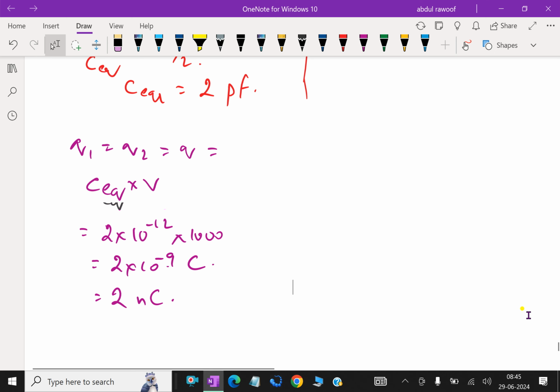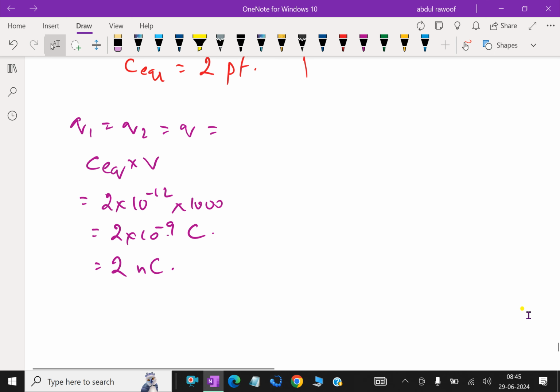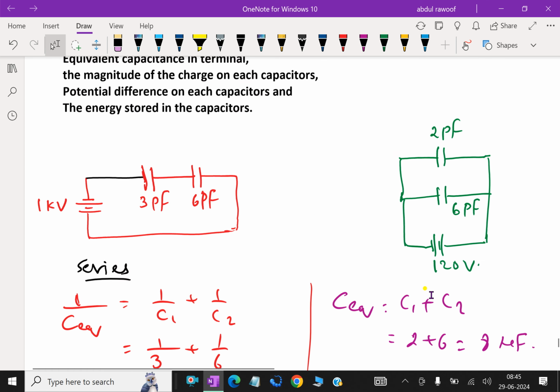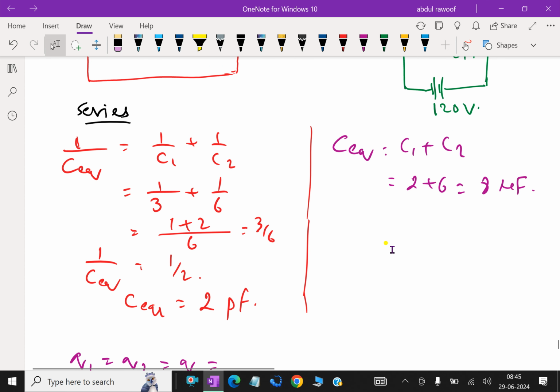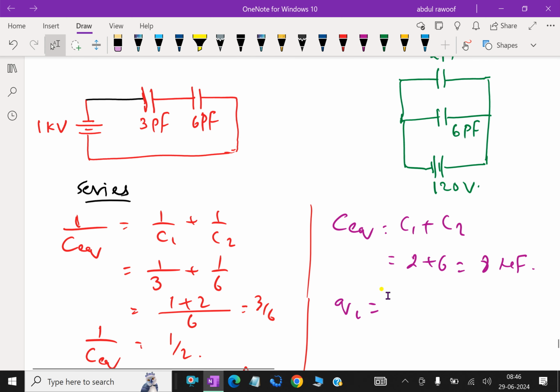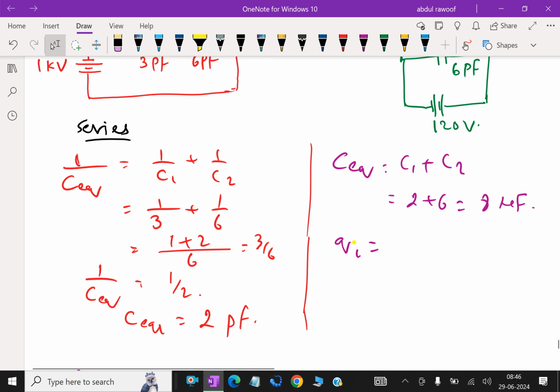Here for the parallel circuit, charges are different. So Q1 equals C1 V1.